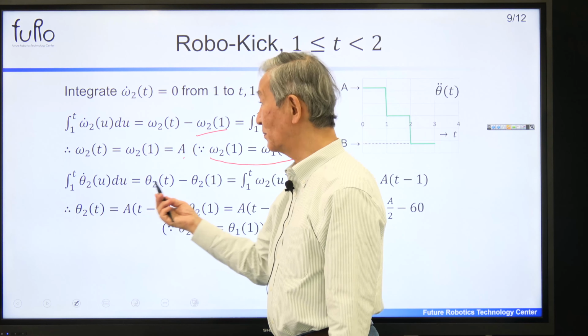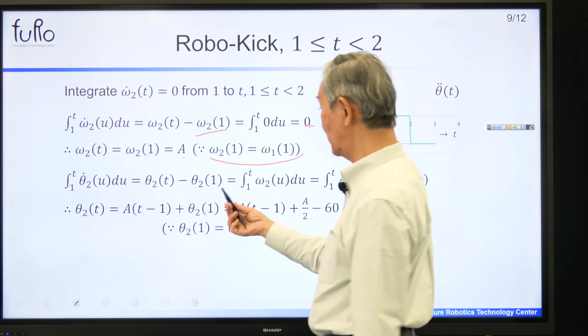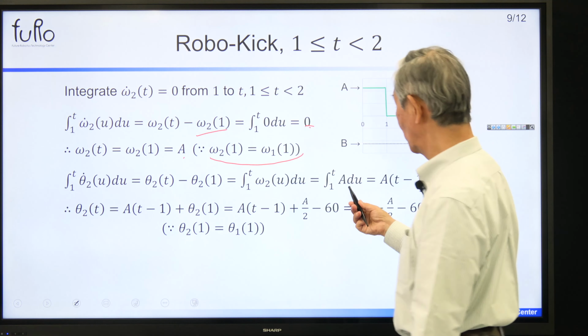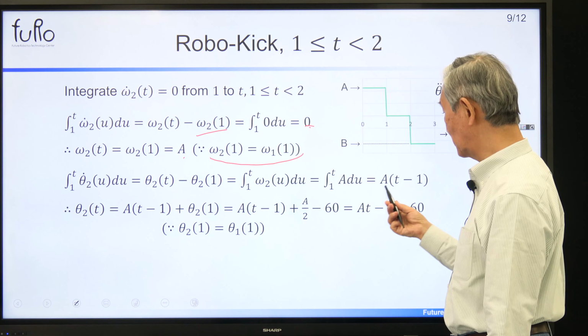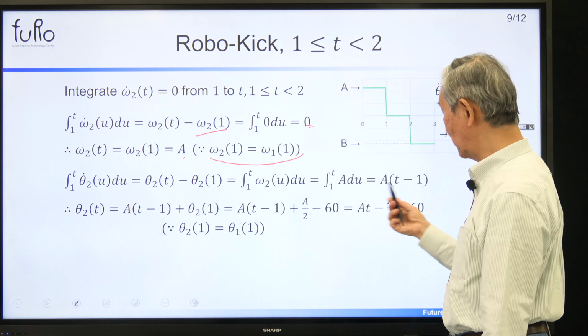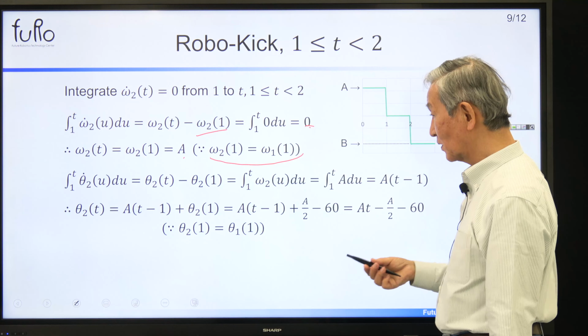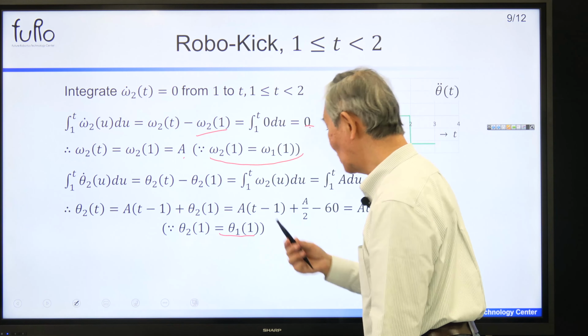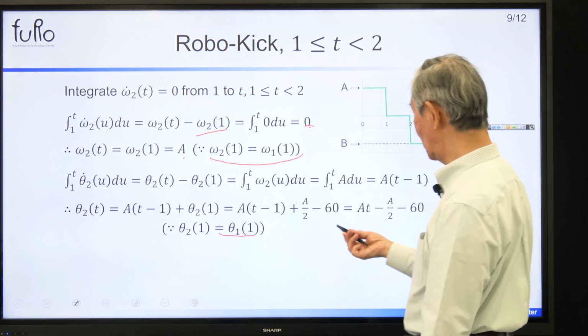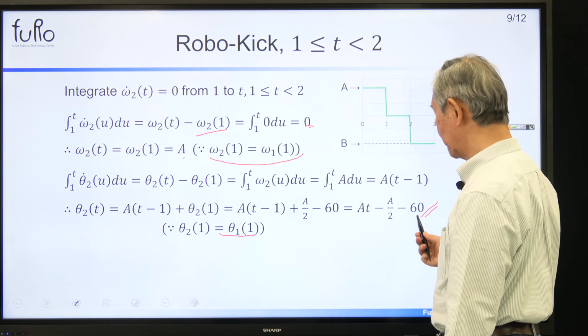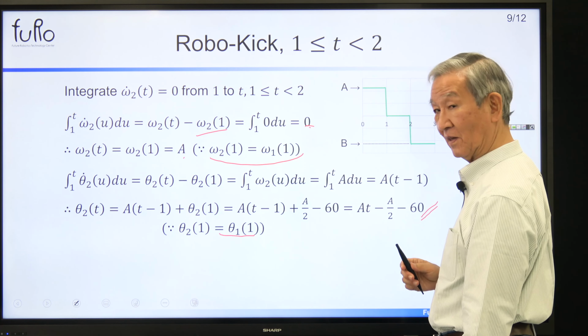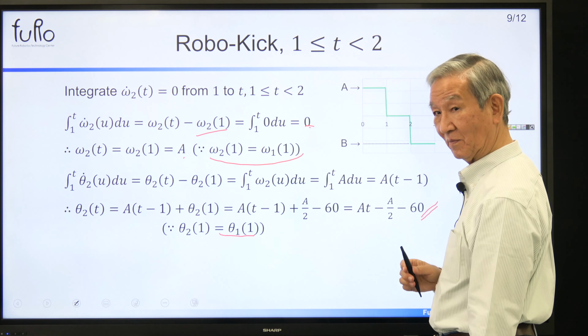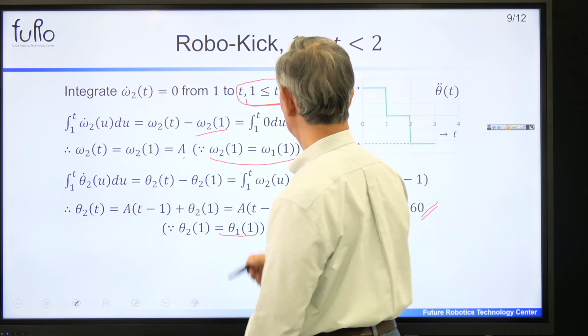Once again, we do the same thing and integrate, and we have A integrated, so A times t minus 1 here. So for theta 2 of 1, theta 1 of 1 substituted, you get this equation here. Okay? Any questions? So this is where we are talking about.